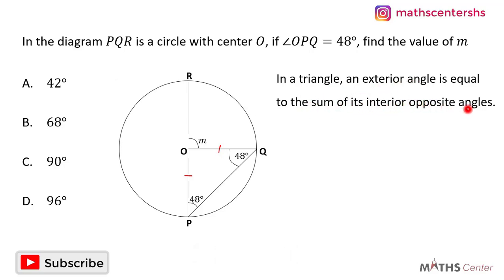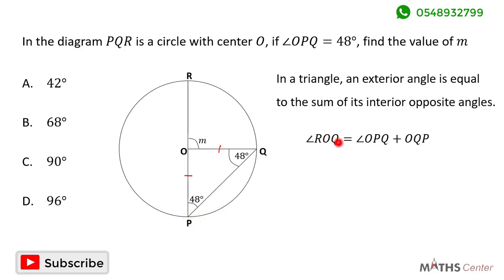The property says that in a triangle, an exterior angle is equal to the sum of its interior opposite angles. That means that if we consider the triangle POQ, the exterior angle ROQ is equal to the sum of its interior opposite angles, which is angle OPQ and angle OQP.